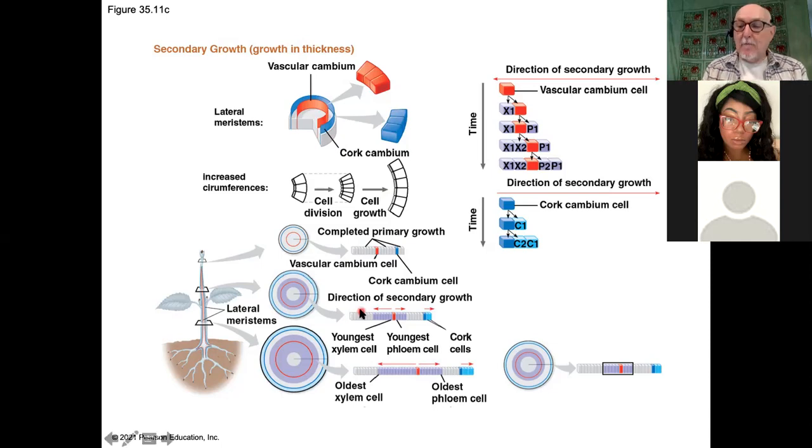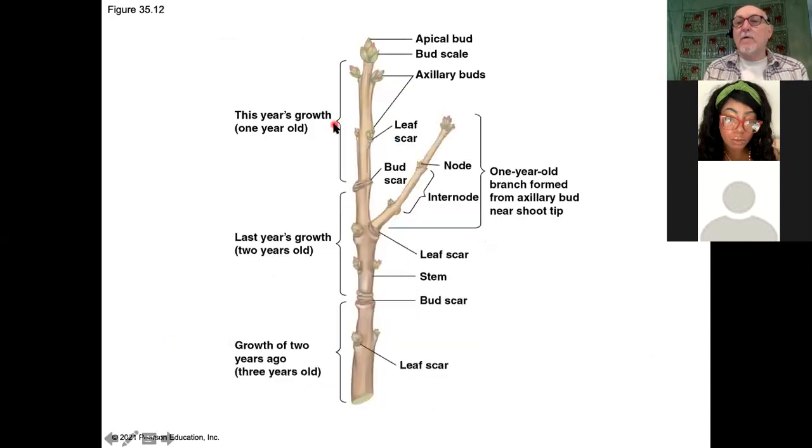Okay, so if we were to look at any plant, what we can see is that every year it undergoes a growth spurt and will produce a length of stem with internodes, nodes, etc. There are usually leaves only on relatively young stems.